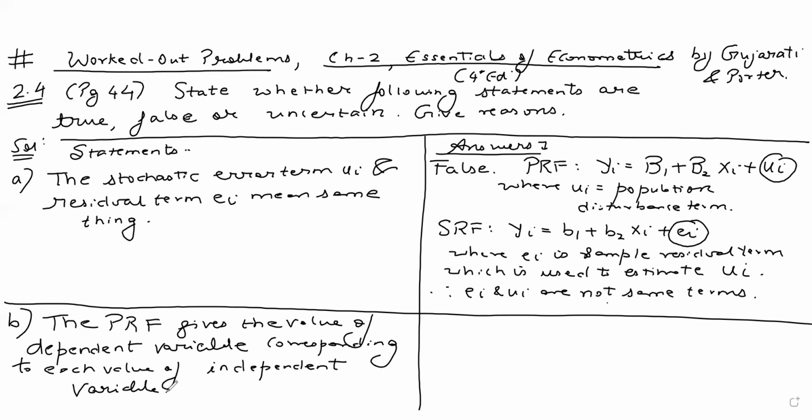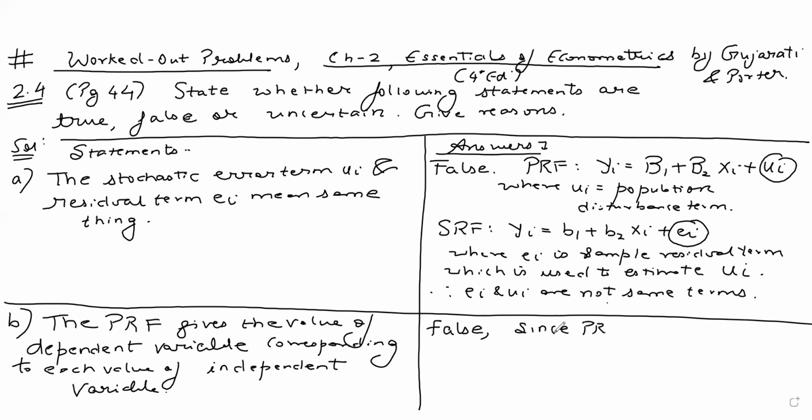Now let's check whether this statement is true or false. So if you recall the definition of population regression function, which we had done in our lectures on linear regression, we clearly said that the population regression function is going to give the mean, or the expected value, of the dependent variable conditional on every value of the explanatory variable. So if you carefully look at the statement, it is also false.